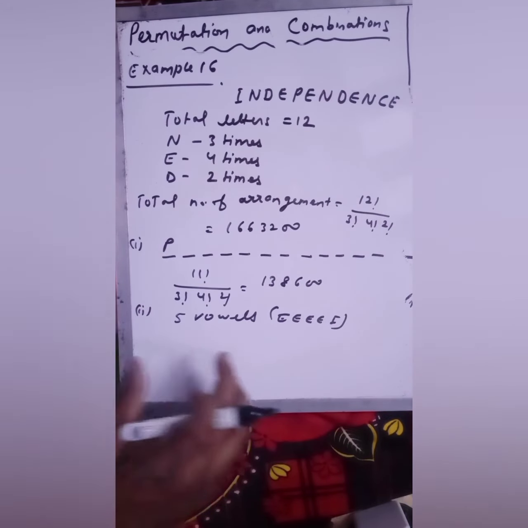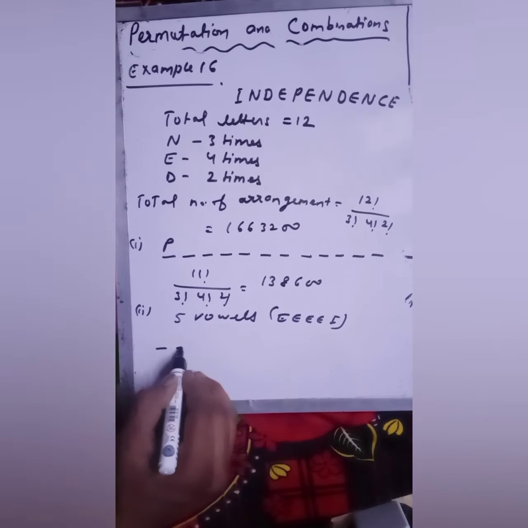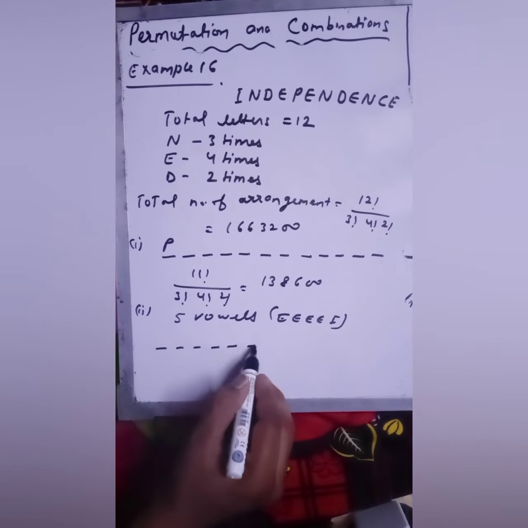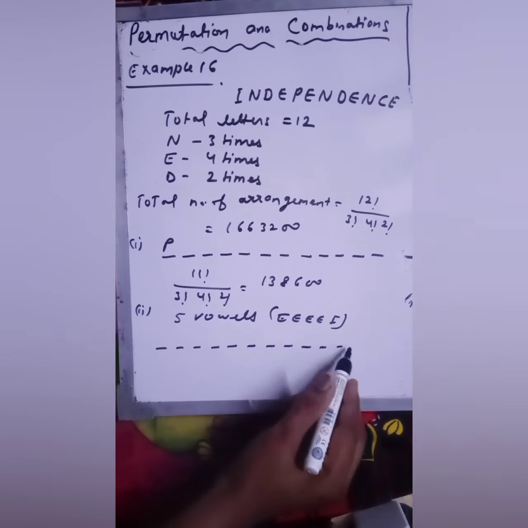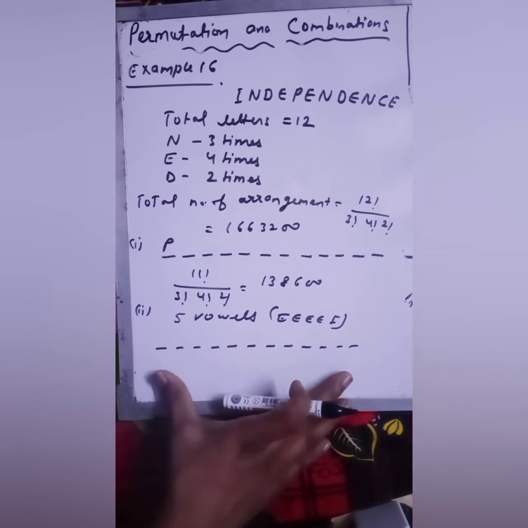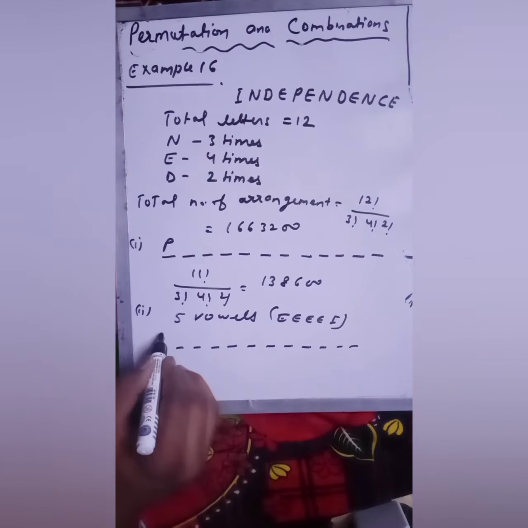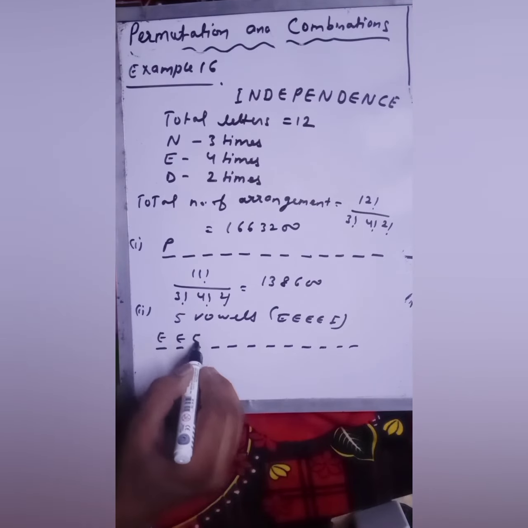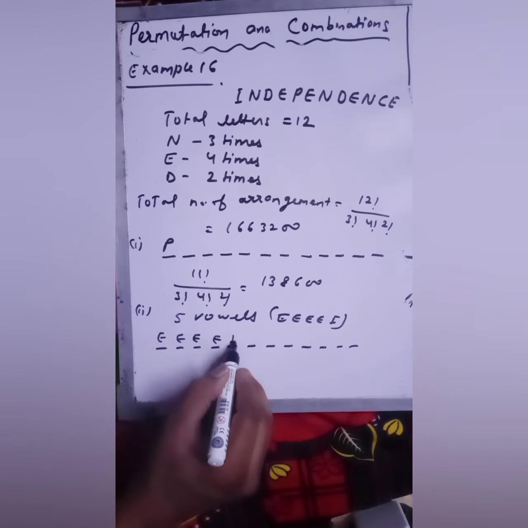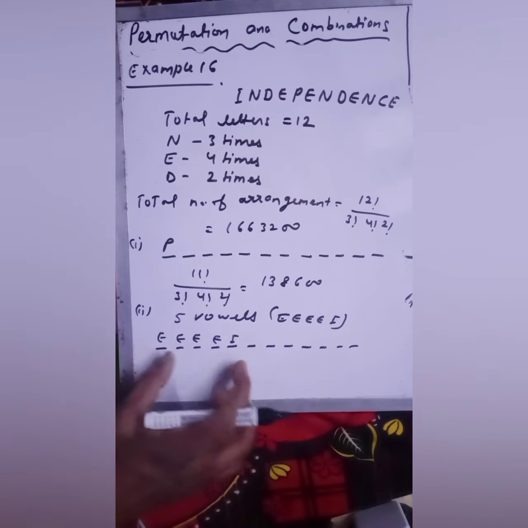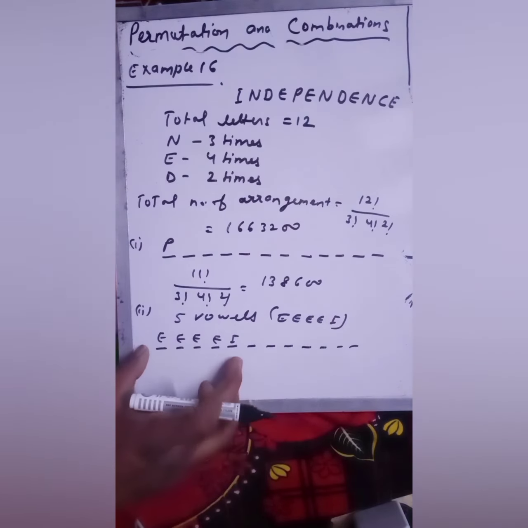There are a total of 12 letters. So these 5 places are occupied by these vowels, as they are coming together.